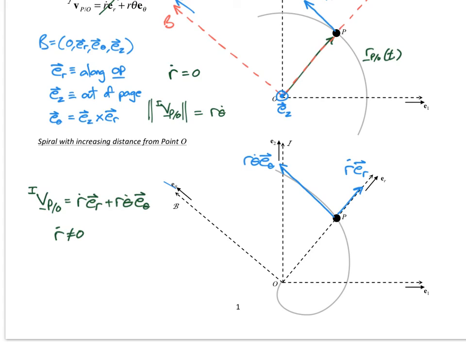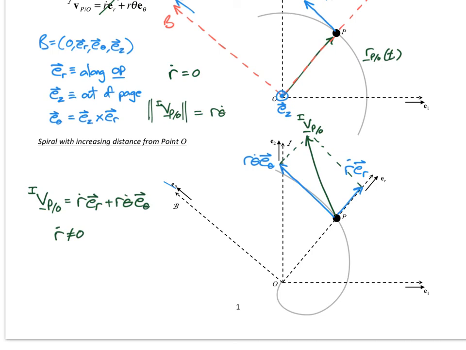So now that we have both of our components drawn onto our page, we can look at the resultant, which is our velocity of P with respect to O as observed in the inertial reference frame. And you can see that the velocity vector is tangential to the path. So it's along the path at this particular point, and then it's going to be along the path at all points.